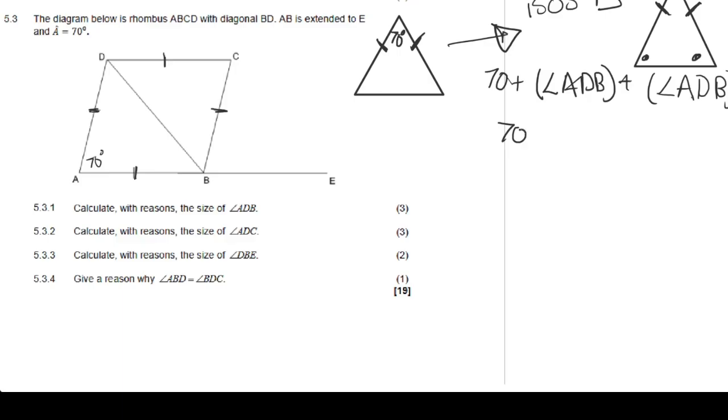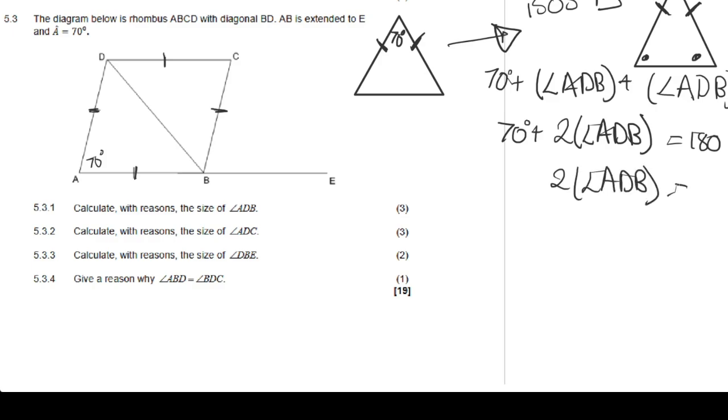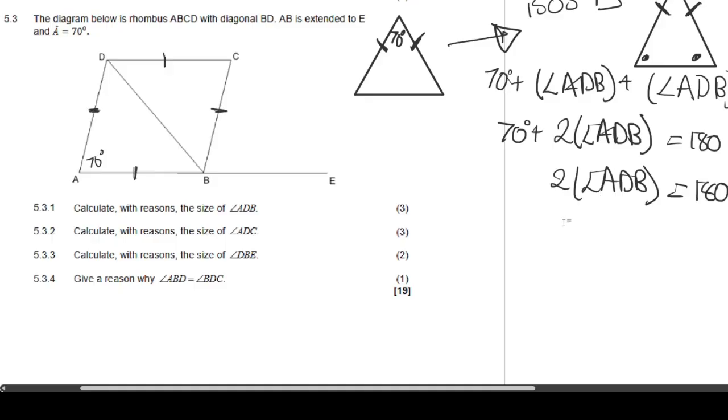So let's go 70, let's simplify this. 2 angle ADB, right? So go to 180 degrees. Put everything on the correct sides. So this will be 2 angle ADB, which is equal to 180 minus 70, which is equal to 110, right?